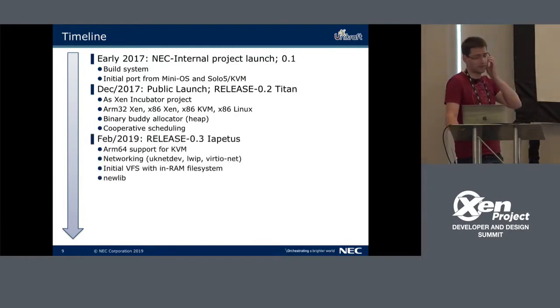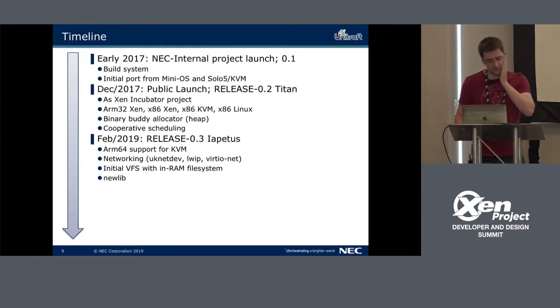In February 2019, we had the next release, a bit longer than a year, like 1 year and 2 months or something, where ARM also contributed ARM64 support for KVM initially. We introduced networking.